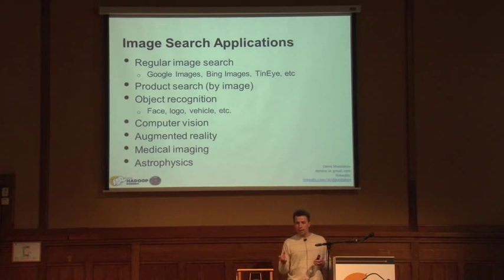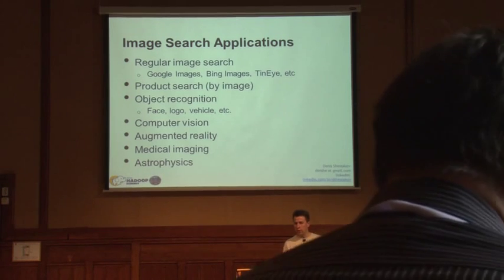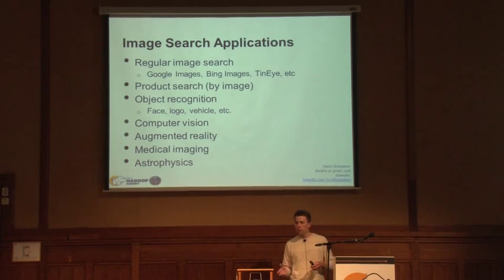Since I'm an academic guy, in university, if you want to get access to a really huge data set, the best way is to go to an astrophysics group and try to get access, because these guys have huge amounts of images of night skies. All right.